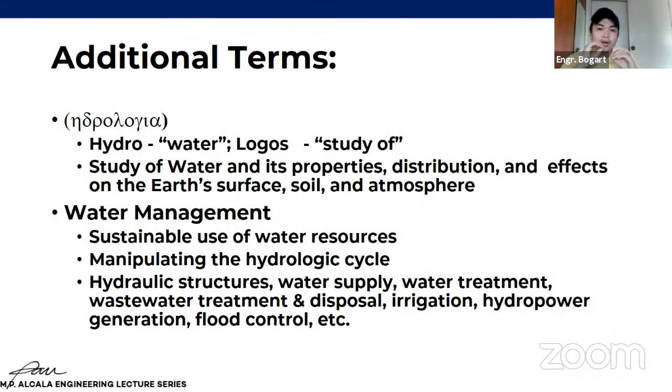Meaning you create clouds through the air for you to provide rain. Cloud seeding, and eventually the rain will fall for those places that are lacking water or lacking precipitation. So through modern technology we can manipulate the hydrologic cycle. Hydraulic structures such as for water supply, water treatment, wastewater treatment, disposal, irrigation, and so on and so forth.